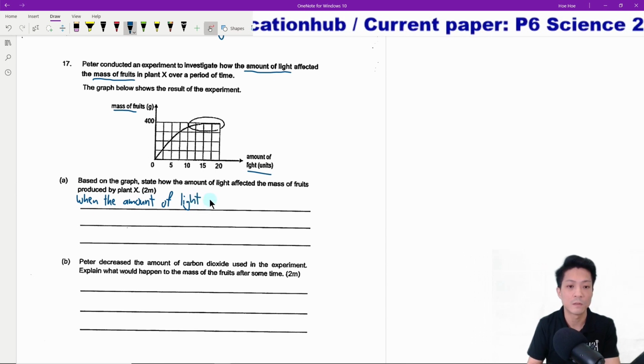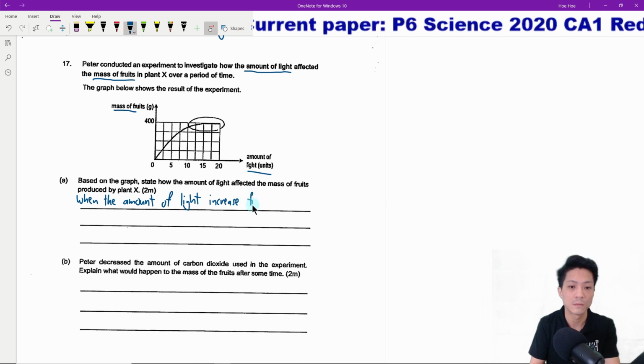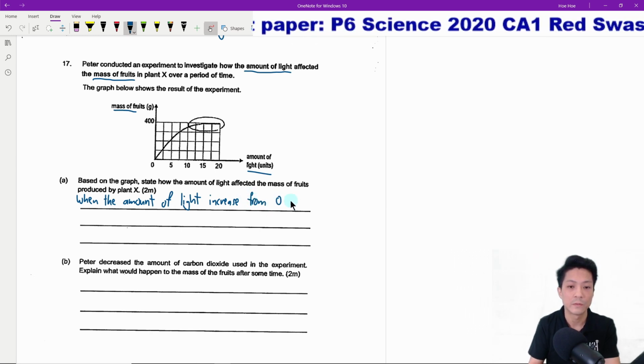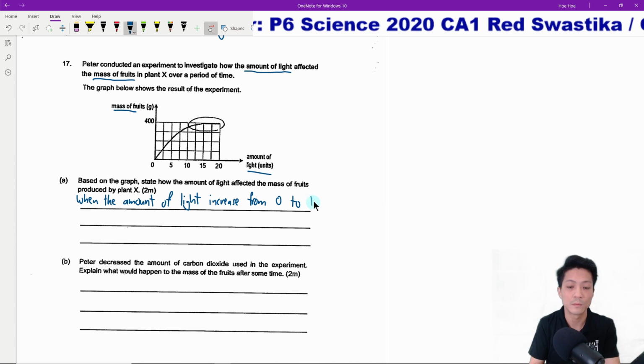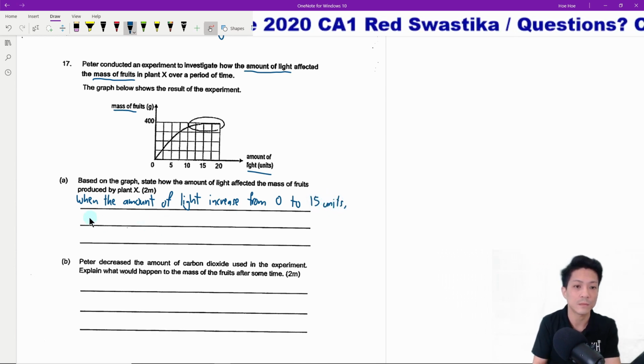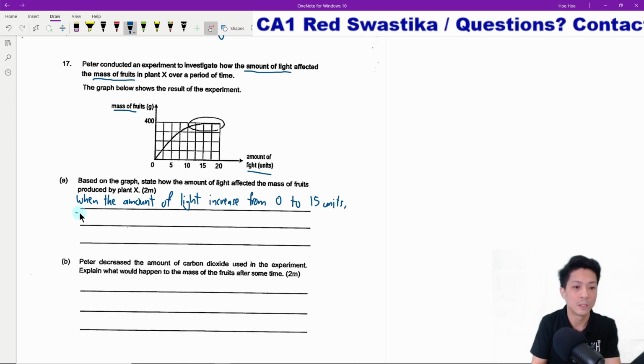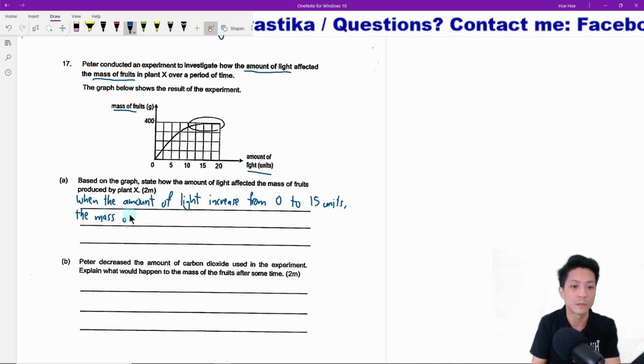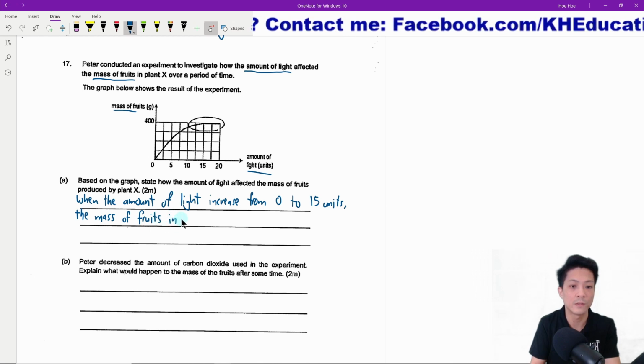Okay, when the amount of light increases from 0 to 15 units, the mass of fruits increases.